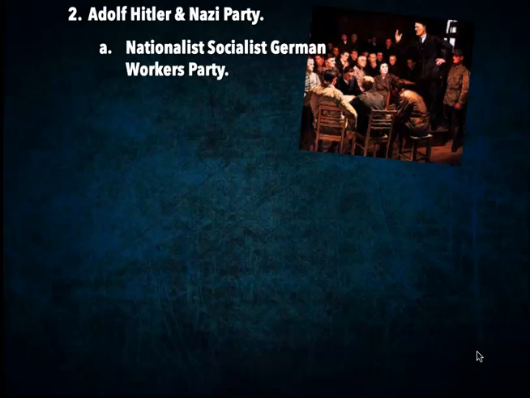He ends up joining, he doesn't create, a relatively new political party, a lot of new little political parties forming up after the end of World War One in Germany. And this one is the National Socialist German Workers' Party, long name. You switch that into German and then abbreviate it, and that's where you get Nazis. That's the way you can equate those two. And Hitler very quickly rises to become the leader of this party.